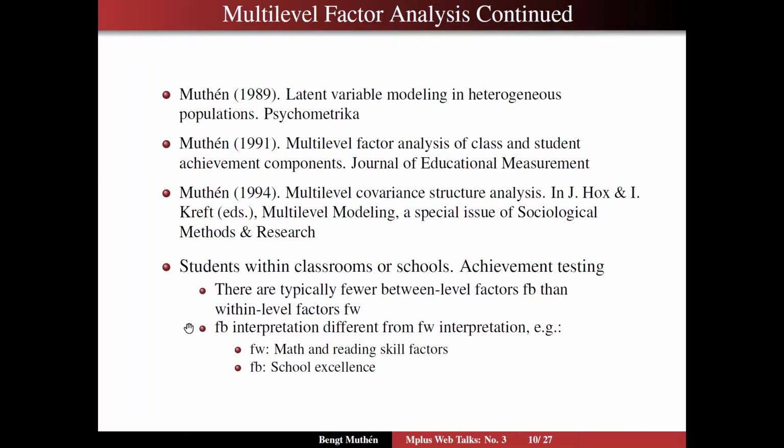So for instance, on the within level, you may measure a student's math and reading skills and come up with, say, 2 factors that are correlated. But on the school level, these measures are more influenced by general school excellence. So a single factor on between and 2 factors on within.